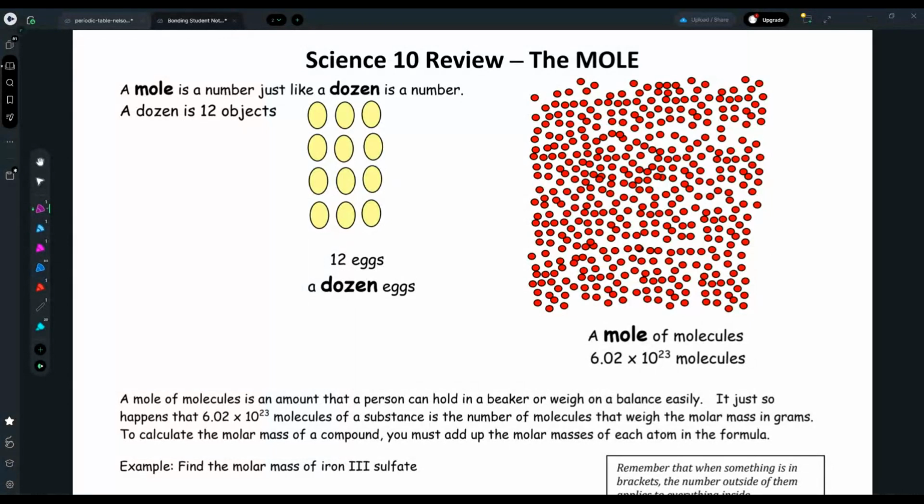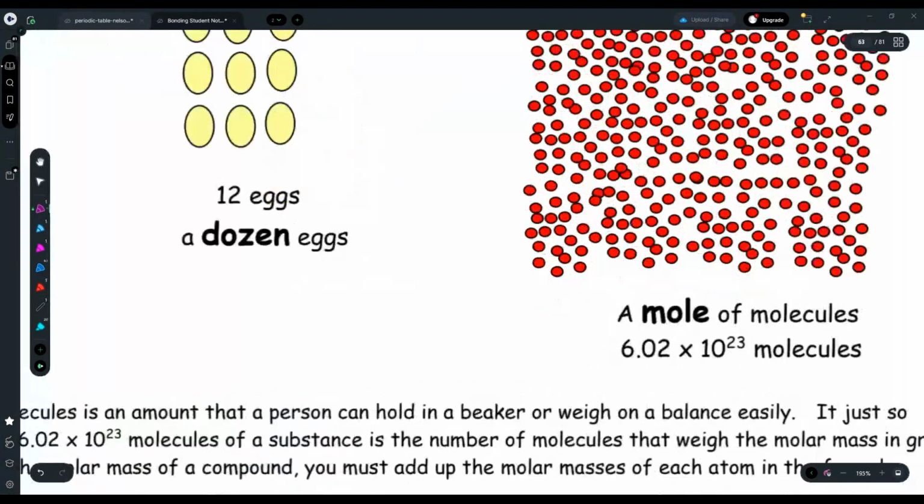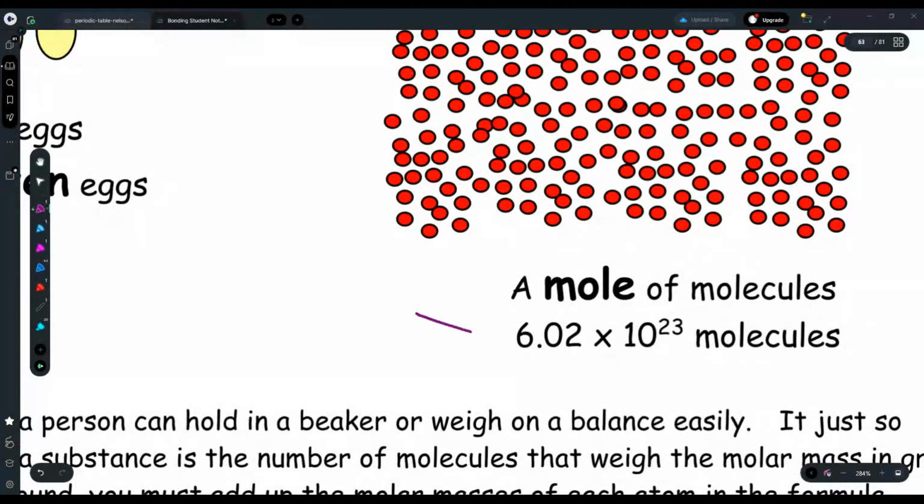So similarly, a mole of molecules specifically refers to 6.02 times 10 to the power of 23 molecules. Now, this number is called Avogadro's number.